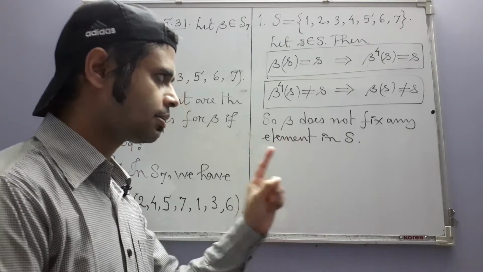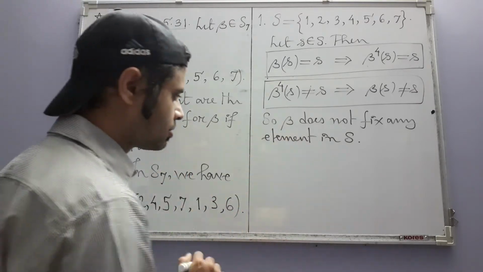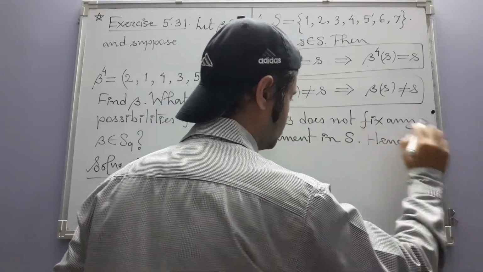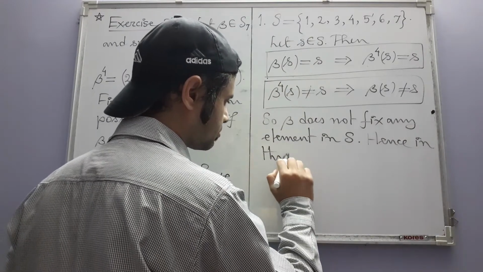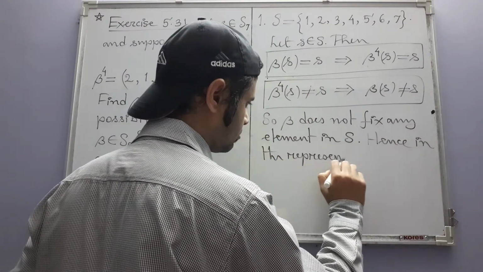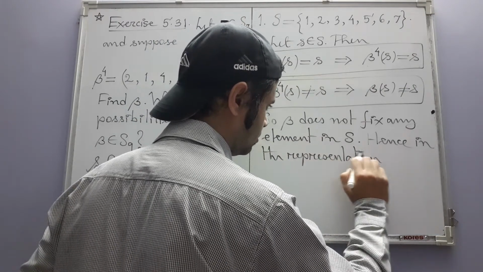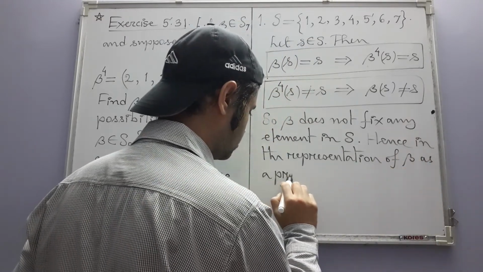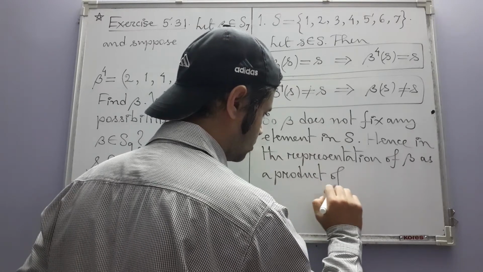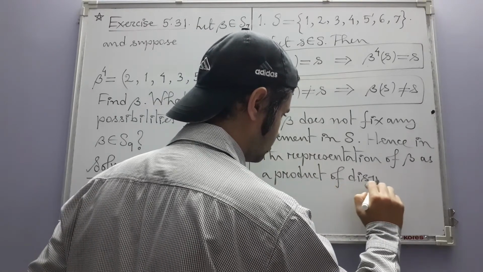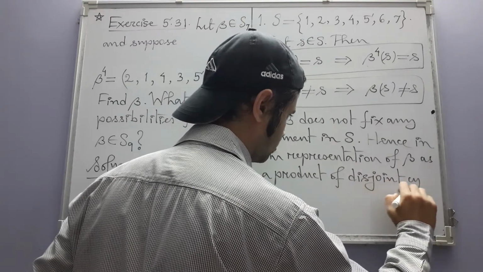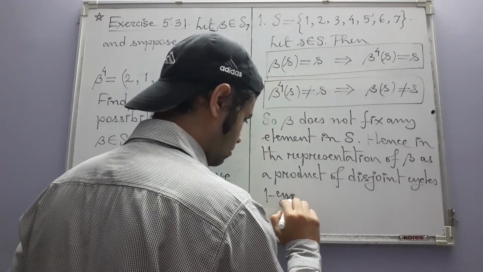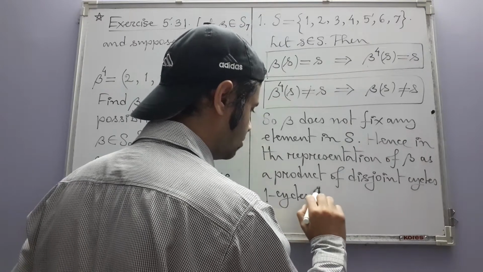So this one has a consequence on that structure, and the consequence is that in the representation of beta as a product of disjoint cycles, one cycles do not appear.